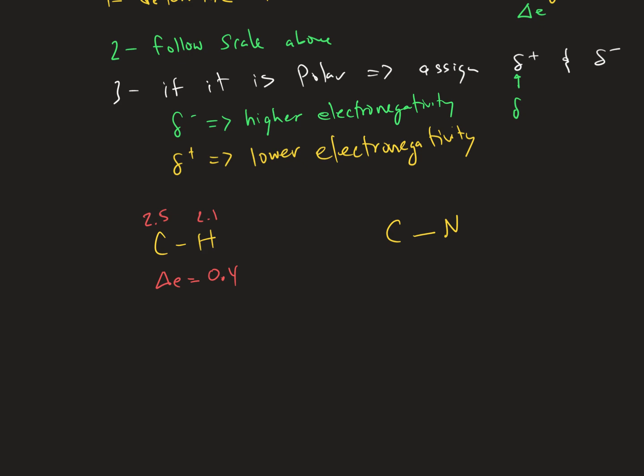Now, is there a difference in electronegativity? There is. So that means they're not sharing 100% the same. If we had, let's say, a carbon-carbon bond, that would be 0 in difference, right? So that's absolutely nonpolar.